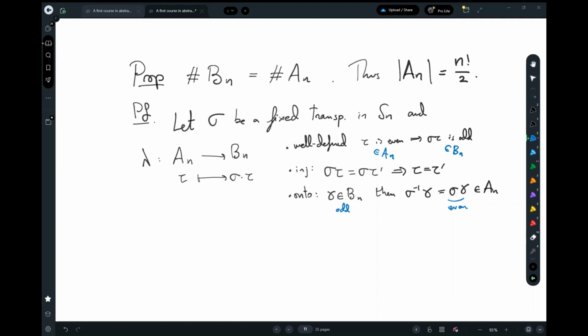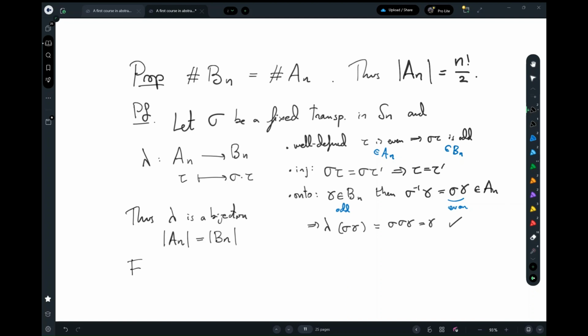Even. Okay? And therefore, if I send sigma gamma through lambda, I will get sigma sigma gamma, which is gamma, and therefore it is onto. Great. So lambda is a bijection. And since these are finite sets, it tells me that the number of elements in each set is the same in both sets.